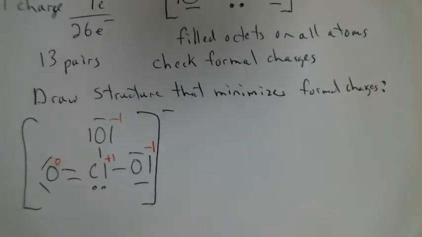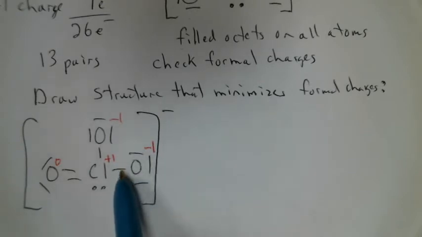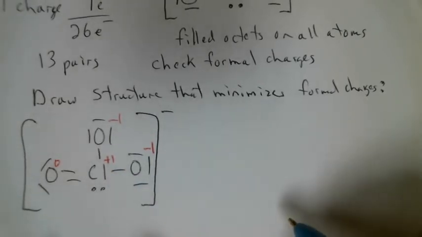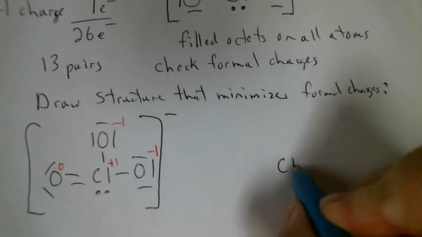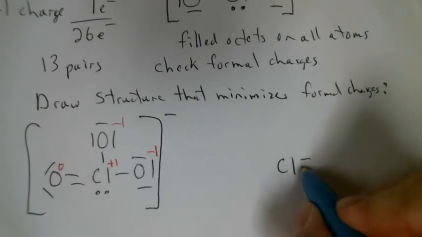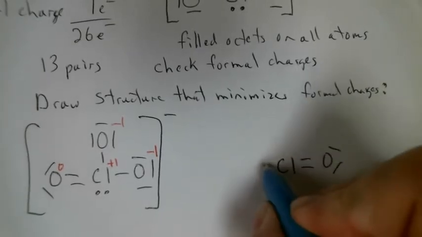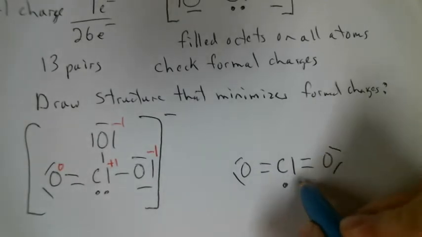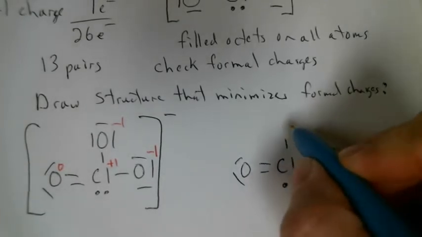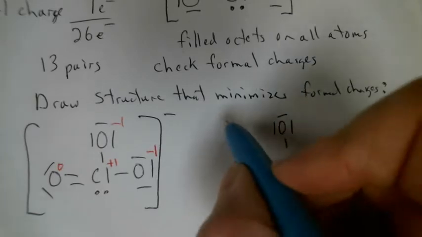But we can do even more, can't we? We could take one of these other oxygens and have it share into a bonding pair. So let's do that as well. So I've got my chlorine in the middle, and I'll double bond to both oxygens on the sides. Leave my lone pair there. This oxygen hasn't changed.